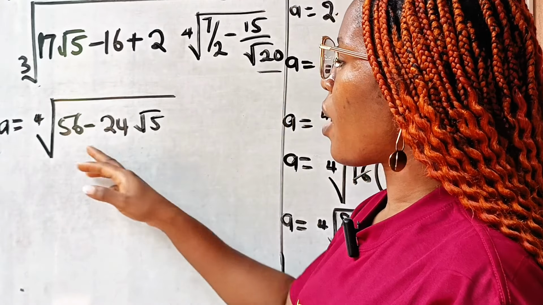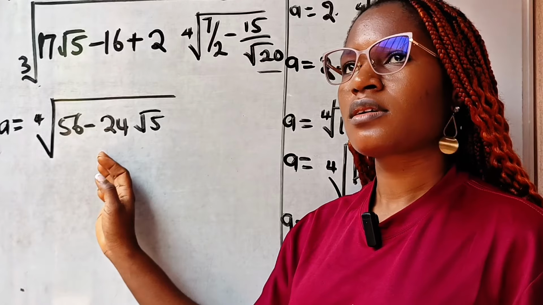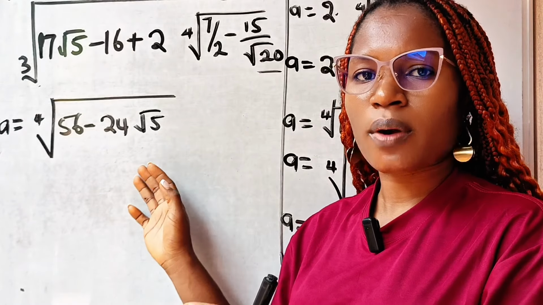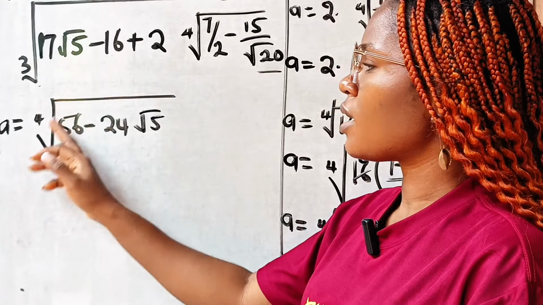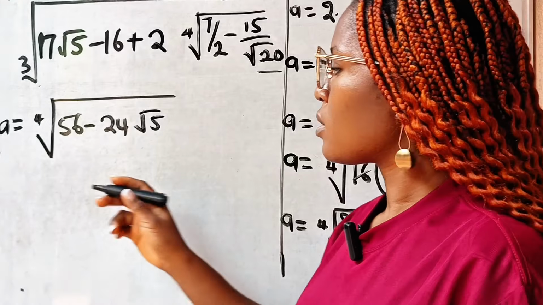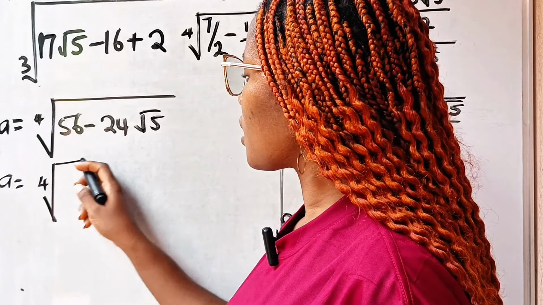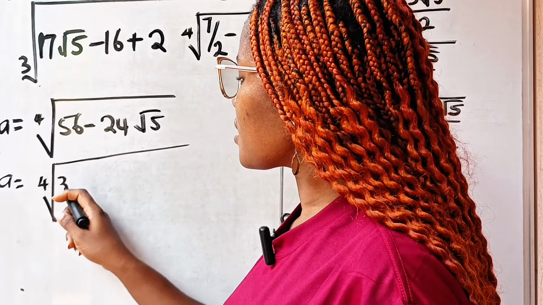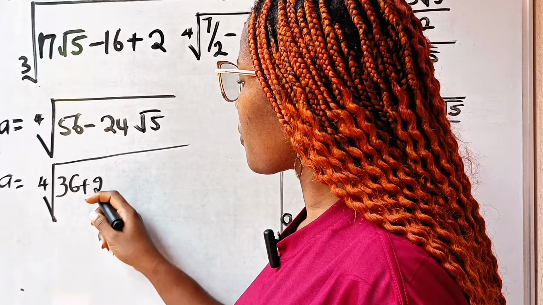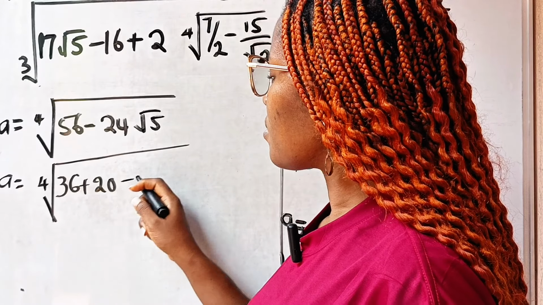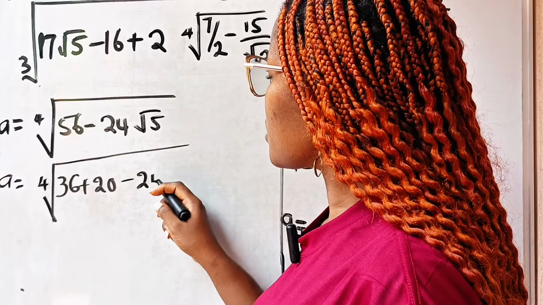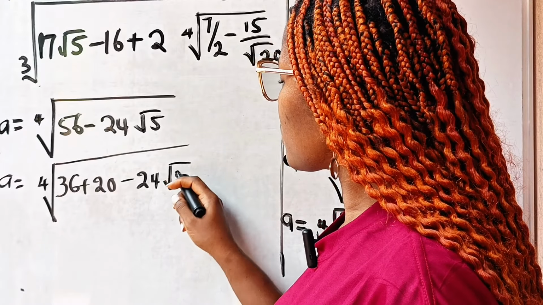Now, I want to manipulate this in such a way that we are going to have a square so that we can cancel something out. How am I going to do that? A is equal to the fourth root of 56, which is the same thing as 36 plus 20, minus 24 root 5.